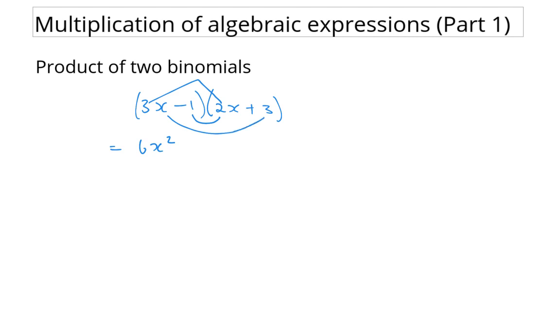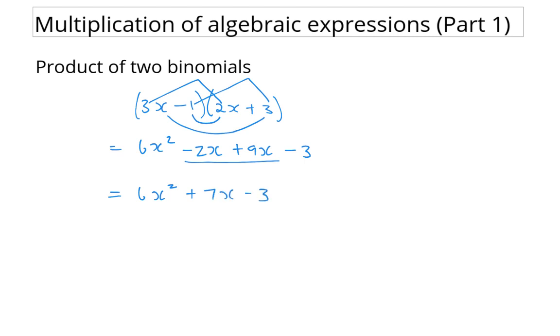Minus 1 times 2x is minus 2x, the inner product. And then the outer product is 3 times 3x, that's 9x. And then you multiply the last two terms in the bracket, it's equal to minus 3. The middle two terms are like terms, and you need to simplify that. Minus 2x plus 9x is plus 7x, minus 3.